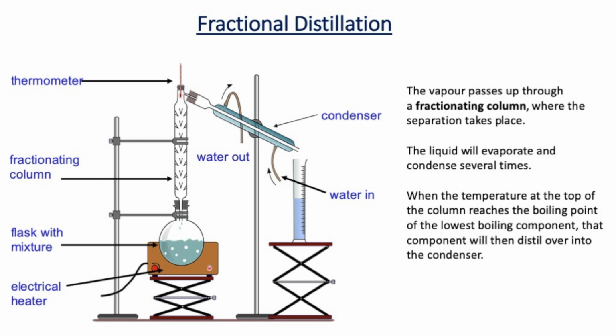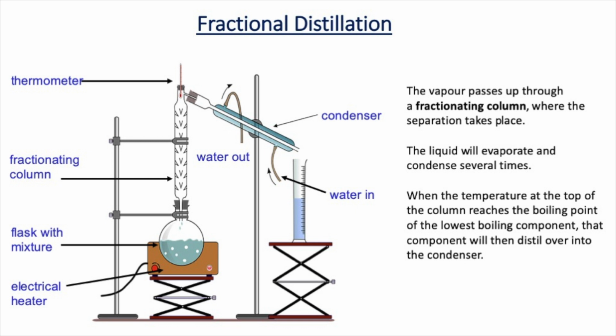Now, if we are to heat up a complex mixture such as crude oil in our round bottom flask using our electrical heater, the different components will turn to vapour and rise up our fractionating column.